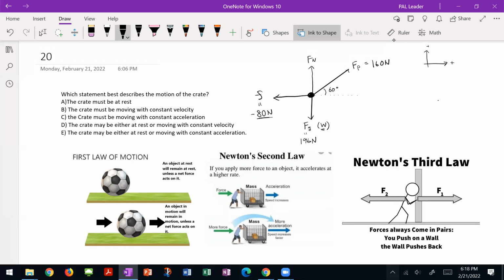Okay, so let's look at the question. Which statement best describes the motion of the crate? And this is a very theoretical question, and I don't like these, but let's see if we can figure this out. The crate must be at rest.